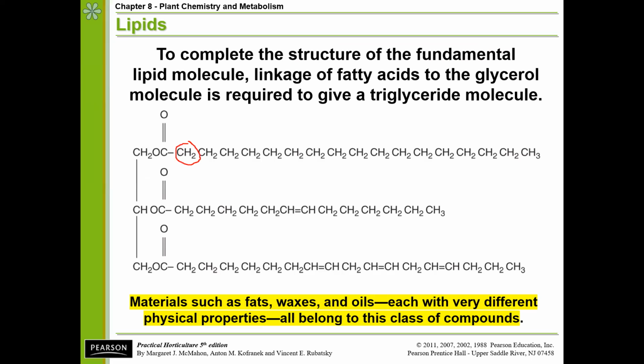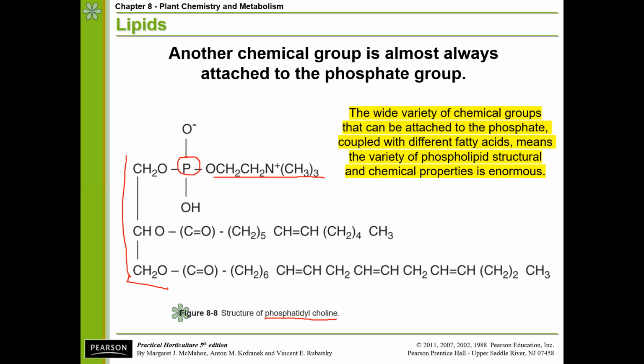It's a linkage of fatty acids to a glycerol. So we have materials such as fats, waxes and oils in the lipids. It goes back to the organic elements, just a different arrangement to give a different function in the plant and in us as well.